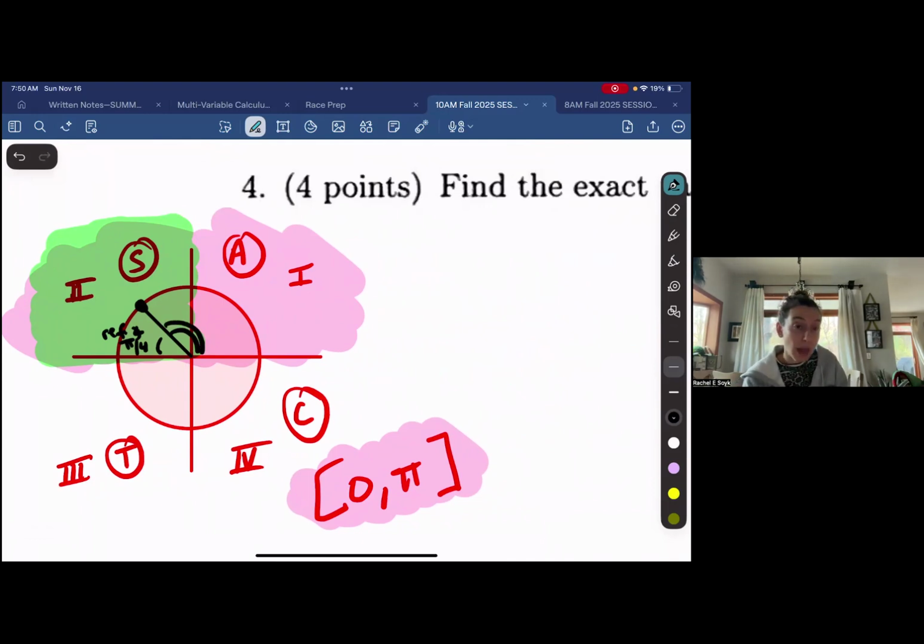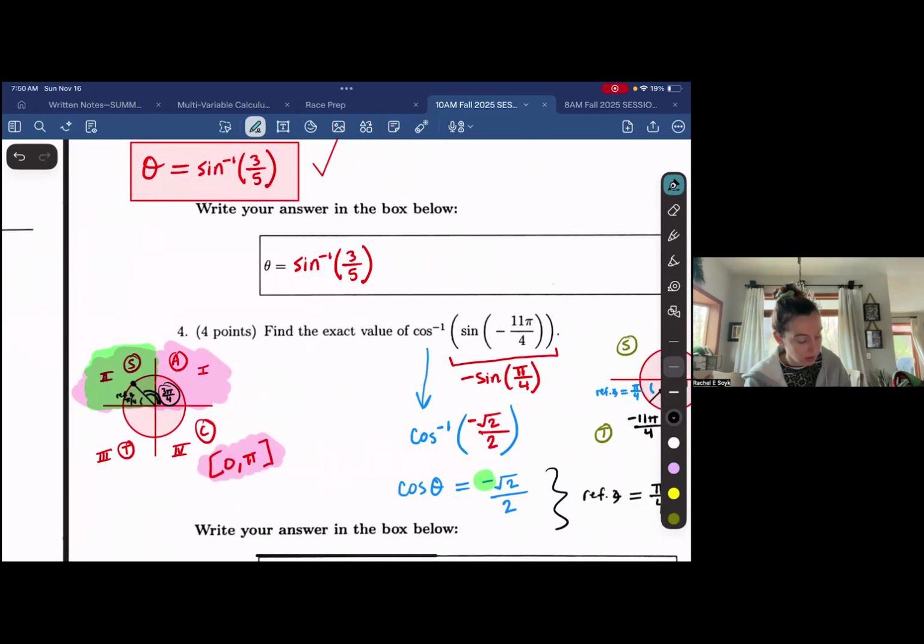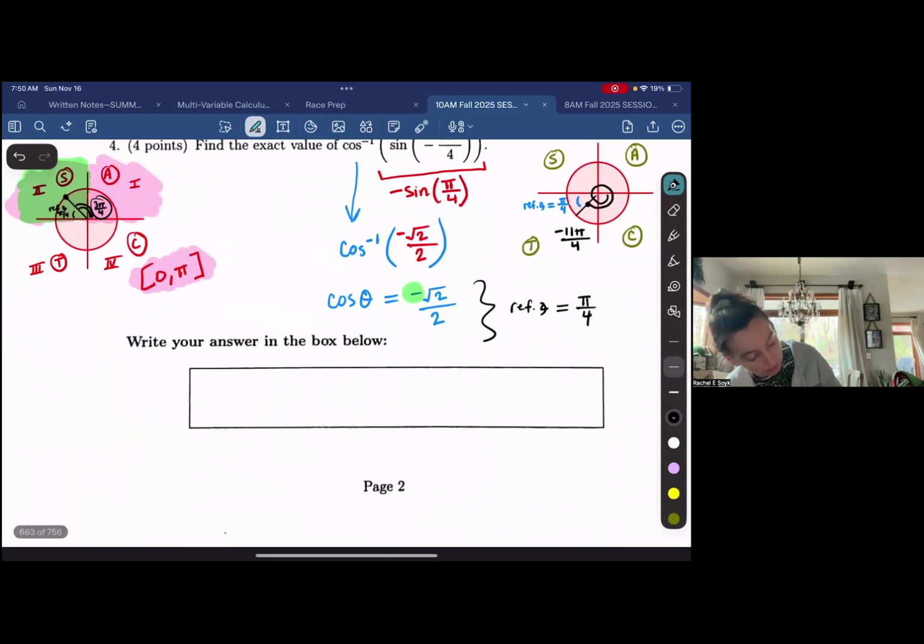So pi minus pi over 4 will give us 3 pi over 4. Which tells us that cosine of 3 pi over 4 will indeed yield negative square root of 2 over 2. This is the only answer.